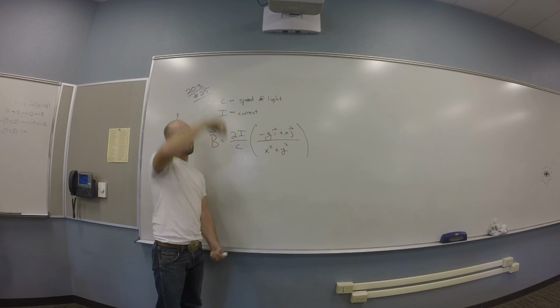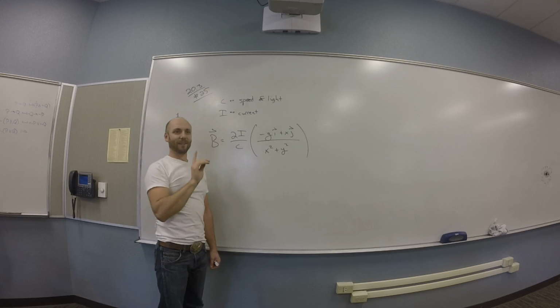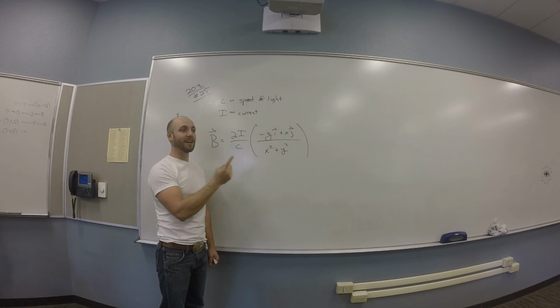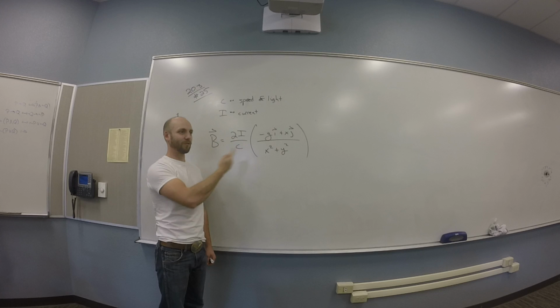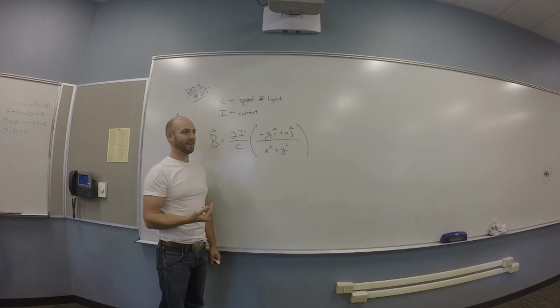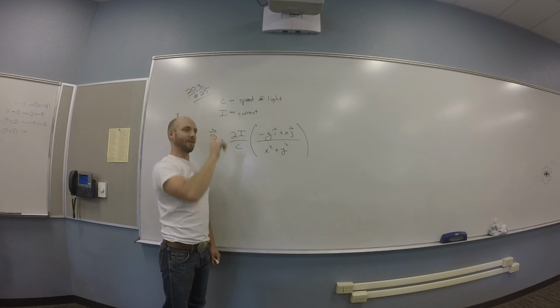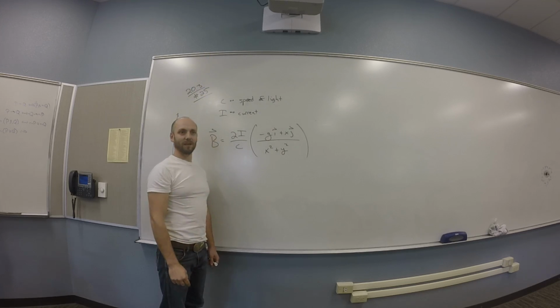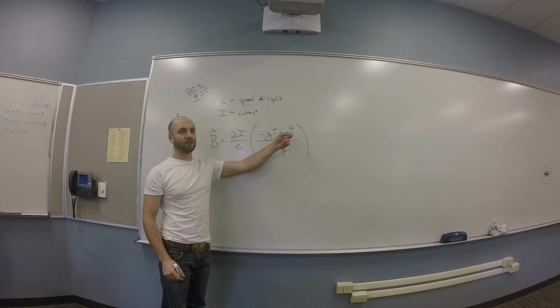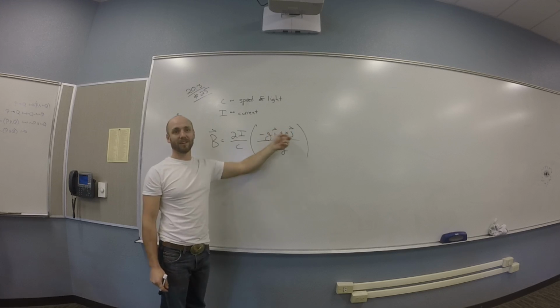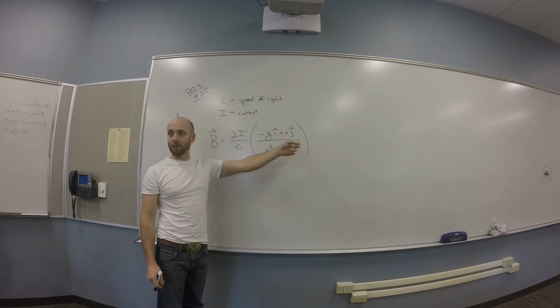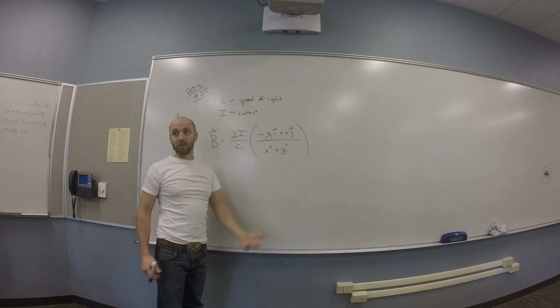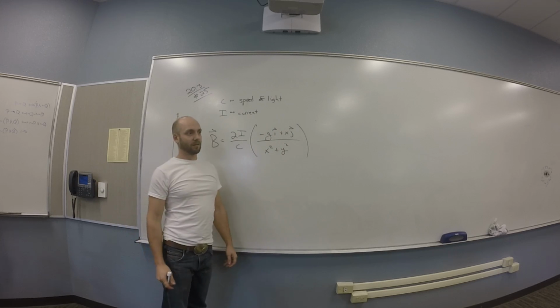So this is telling you that if you run a current through this wire, the magnetic field that it induces is just kind of spiraling around the wire. You guys see that? How do I know it's not going up or down or something? There's no z's. I just got x's and y's, right? Really i's and j's here. The z component, the k component, is 0. You guys with me on that?